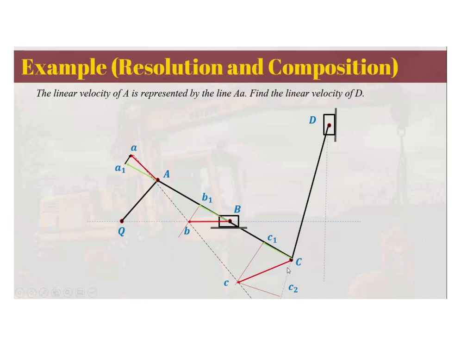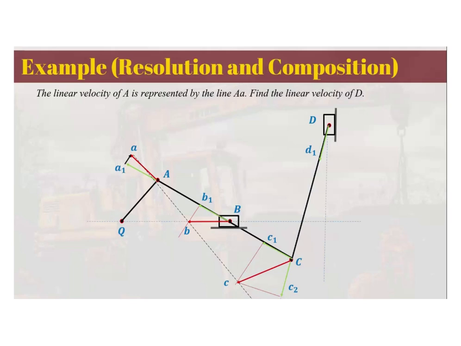So the component of the velocity of C along this line is equal to the component of the velocity of D along that line joining them. That's why we have CC2 equals BD1. That is not yet the absolute velocity of D, but it's the component of that velocity.